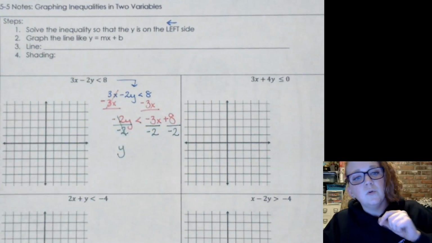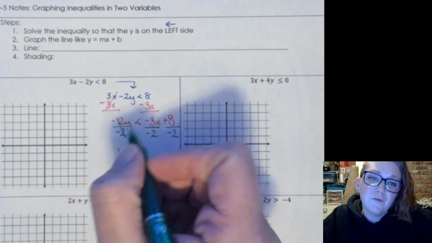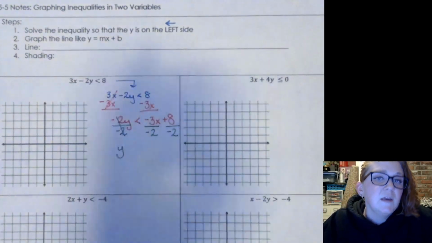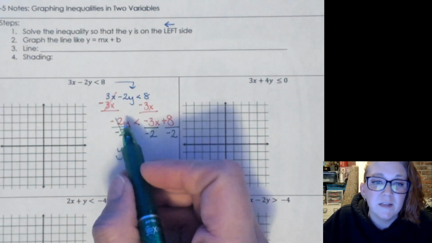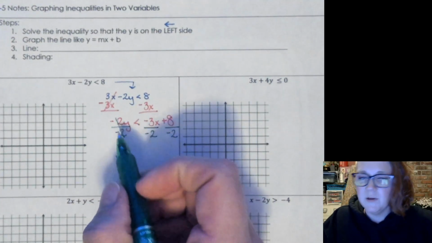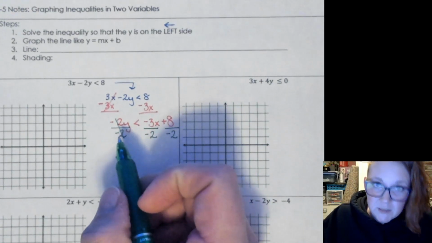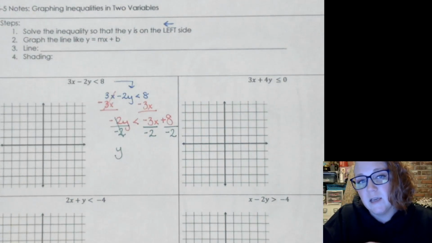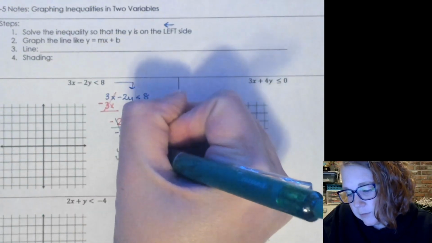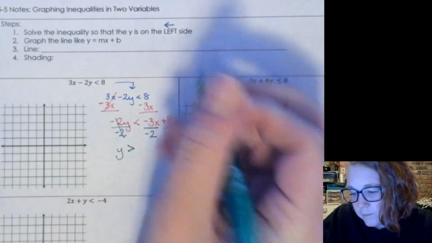That is the rule whenever the number in front of the variable you're working with is negative. Even if this was y divided by negative 2, you would still flip it. As long as the number with the variable is negative, you have to flip the inequality.